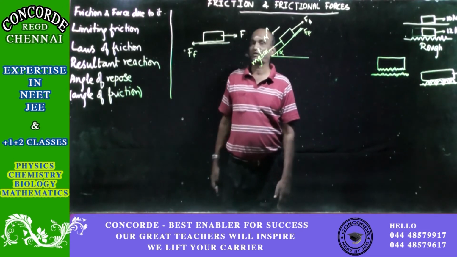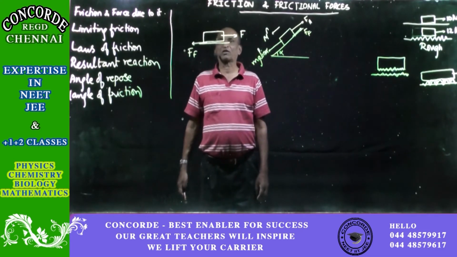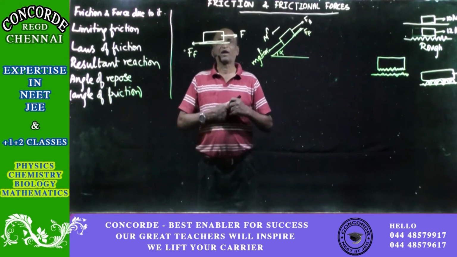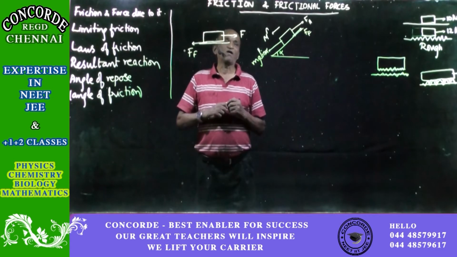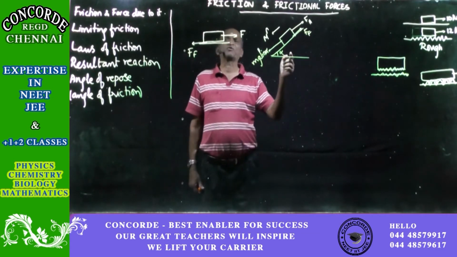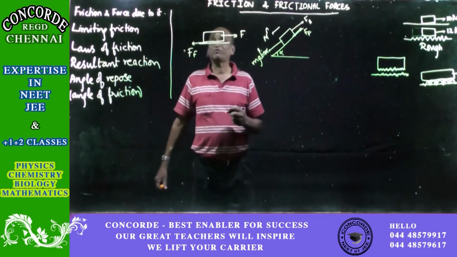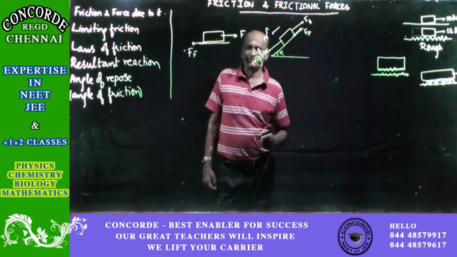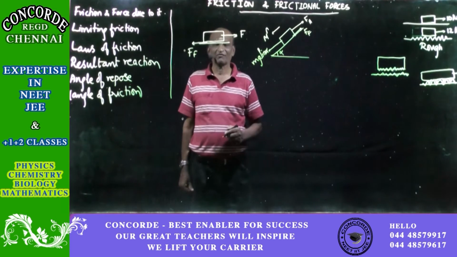You lose 5 marks: 4 for the correct answer and negative mark -1 for giving the wrong answer. So we have to further probe into friction so that we will be well aware of all the pros and cons that is there when a body is subjected to friction.